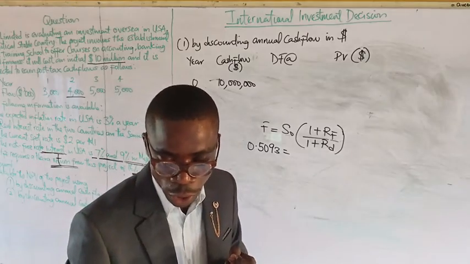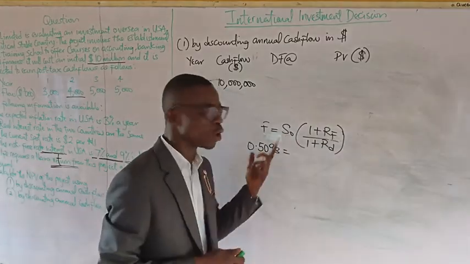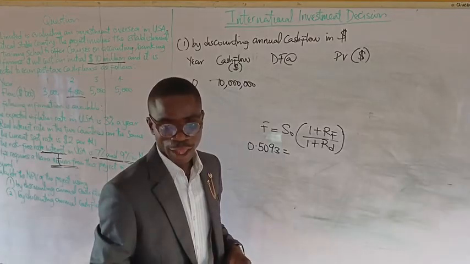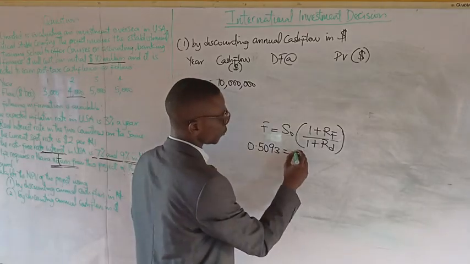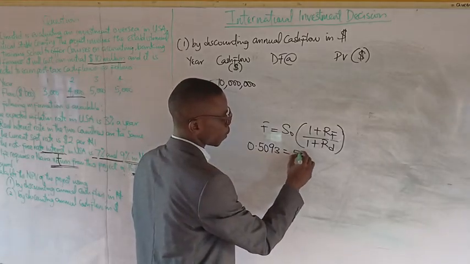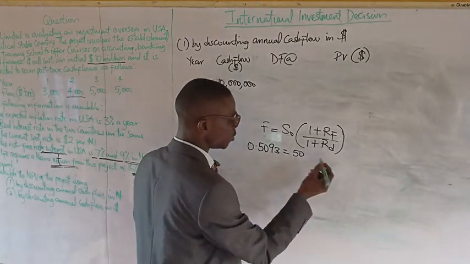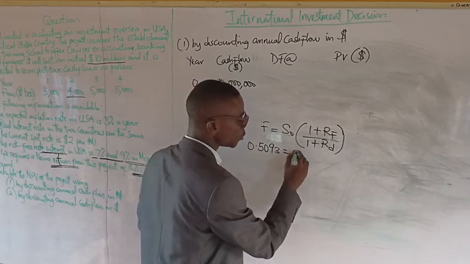What we are after is the interest rate. It's not the dollar we want to convert. We are not converting. Are you getting what I'm saying? Look at it now. What is the spot rate? We are not concerned about that. So what is the spot rate? 0.50.